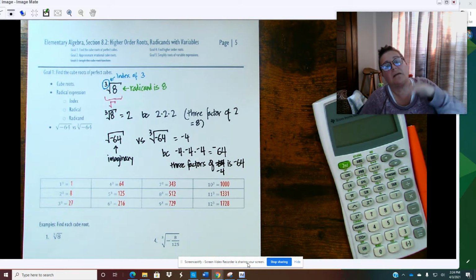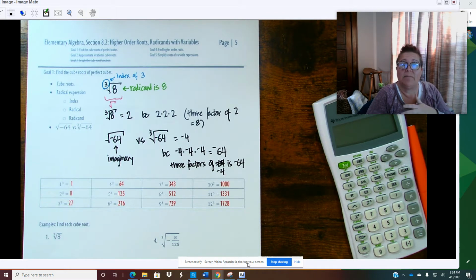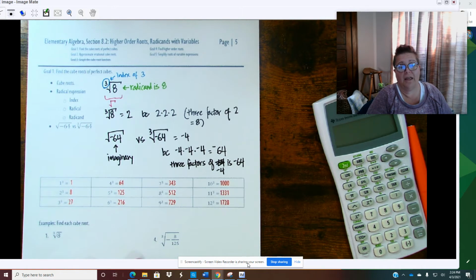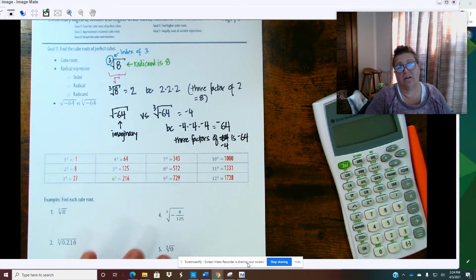All right. Now, it is really beneficial to have an idea of some of the more common cubes. I have several of the more common cubes listed here. I believe I have cubes written up to 12. So 1 cubed is 1, 2 cubed is 8, 3 cubed is 27, 4 cubed is 64, 5 cubed is 125, 6 cubed is 216. I think for myself, I don't know all of these.